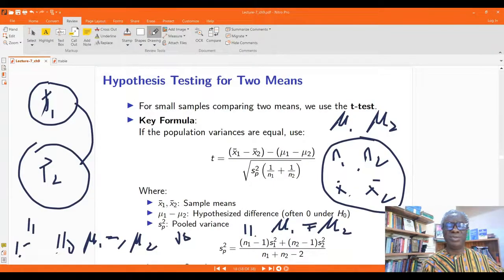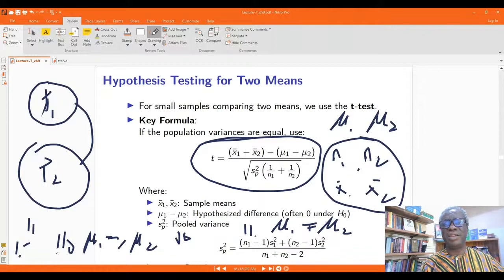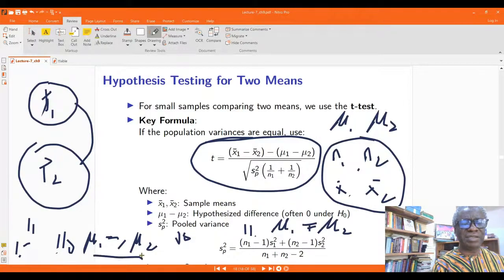So you formulate the hypothesis, and then you use the formula here. Alternatively, in specifying this, you could say H naught: mu1 minus mu2 is equal to 0.